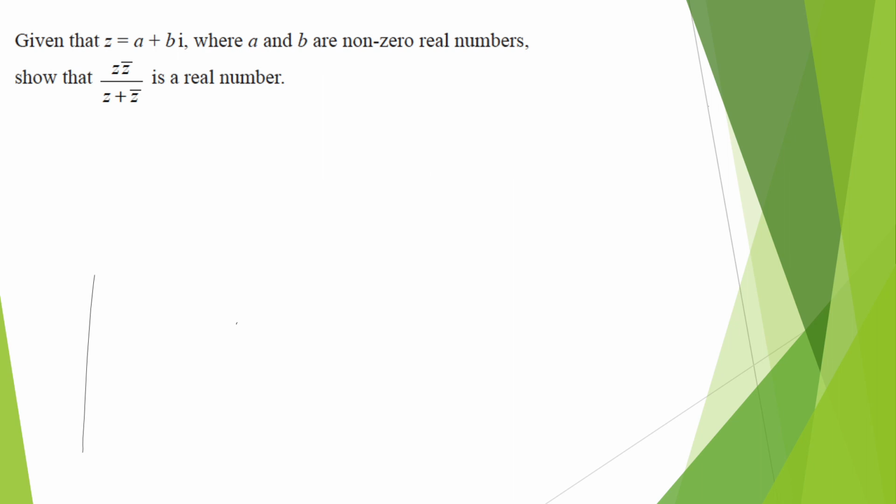So another complex number question is a merit level, and you can see it involves fractions. So this one is a proof, but because it involves fractions, well, we treat it the same way. So the first thing, you will substitute the complex numbers given.